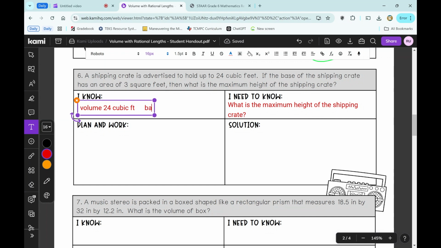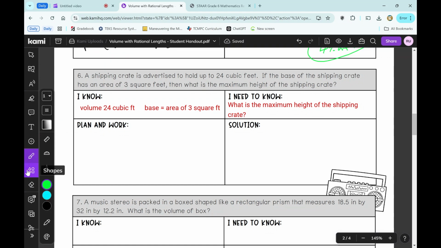We also know the base has an area of 3 square feet. So then we need to figure out the height for the shipping crate.